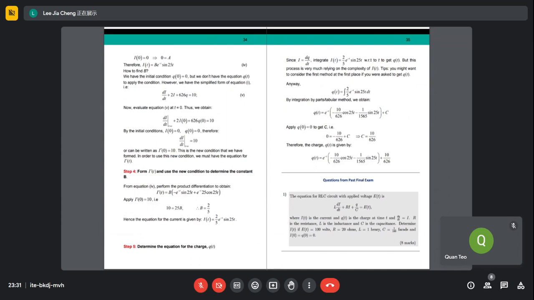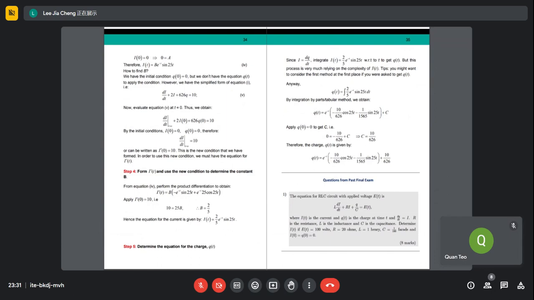Now for step 4, using the i(t) equation with B, we differentiate it to get i prime(t) equals B times negative e to the power of negative t sin 25t plus e to the power of negative t times 25 cos 25t.